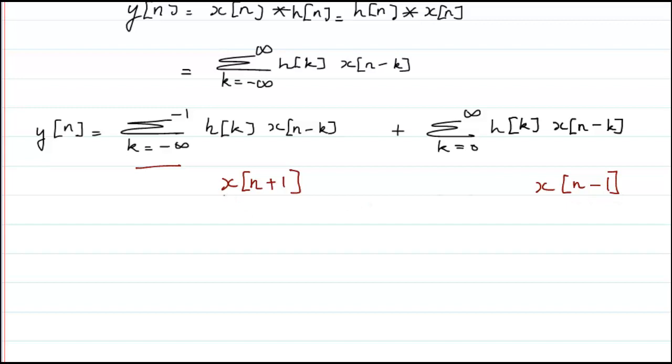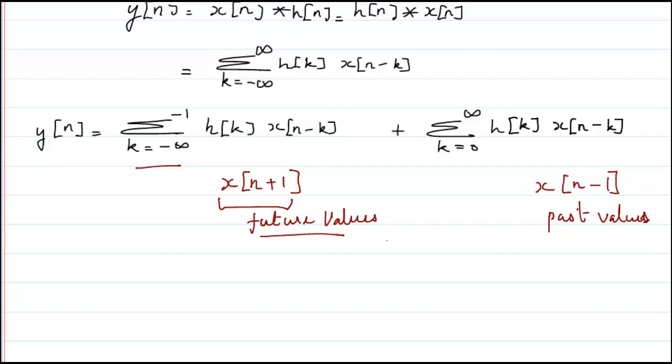We know that x of n plus 1 means these are all future values, correct? Whereas x of n minus 1 are all past values, the values that have already been in the past, whereas these are the values which are only going to be there in the future. Now what is a causal system?